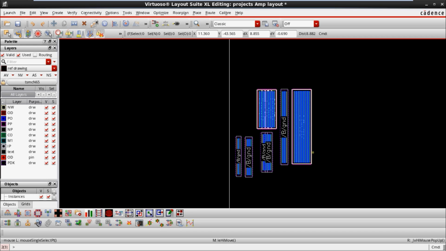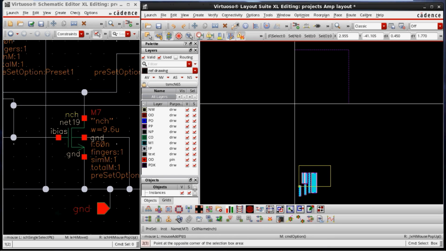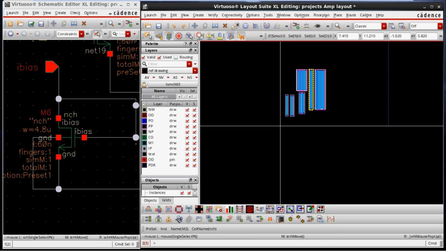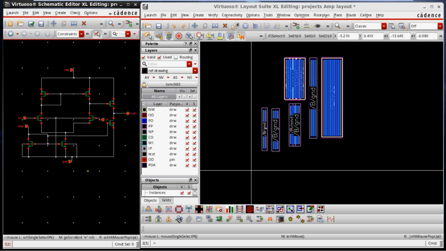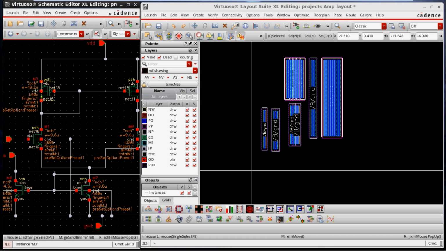So now, based on the schematic, see, this is a layout, and this is our schematic. But in our schematic, all the devices have different parameters, apart from this differential pair and this current mirror. Lengthwise, gate length wise, all the devices are the same, but width wise, if you take a deep look, all the devices have different W values.